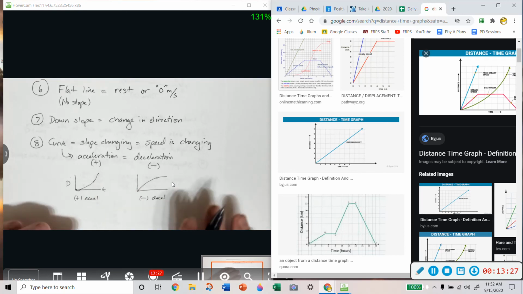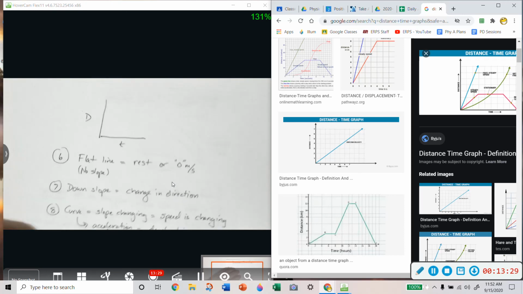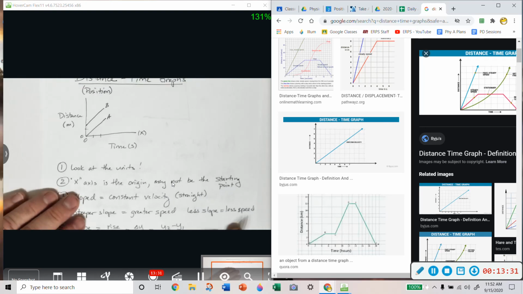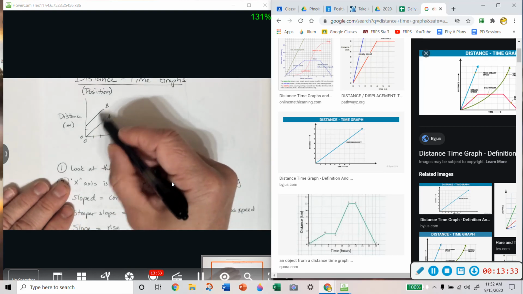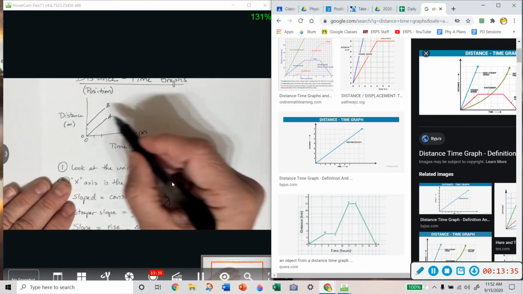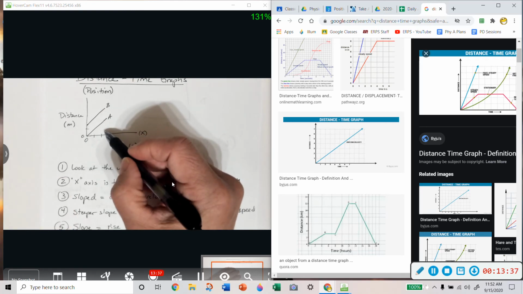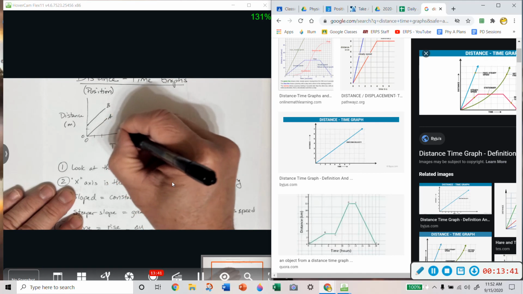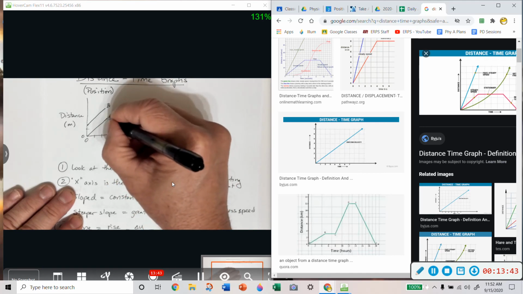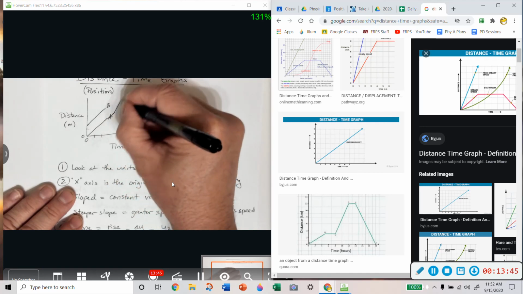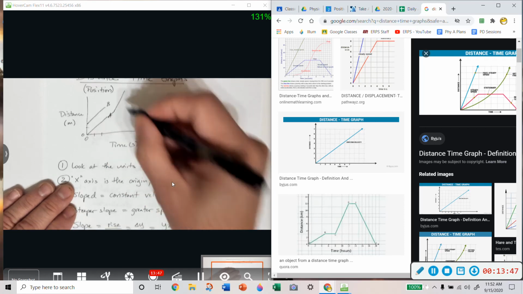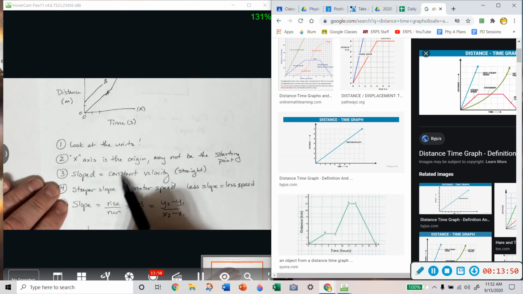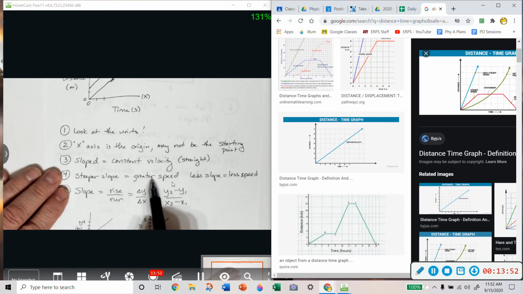So to recap all of this, we have lines that, if they have a slope on a distance-time graph, mean that something's traveling at a constant speed. If I took a line and made it really steep, let's take A, all of a sudden it decided to go steeper, then A has gone faster, because a steeper slope means greater speed.